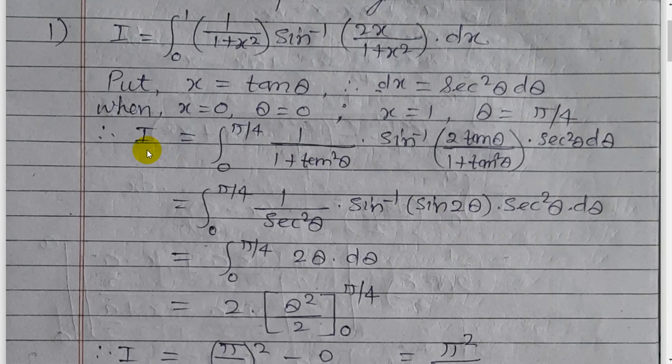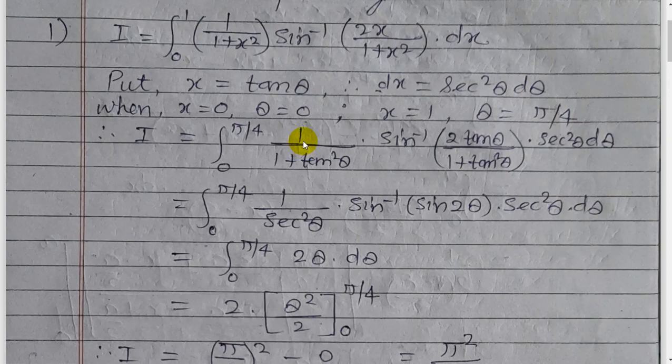Now the integral becomes, in the new form, 0 to pi by 4, 1 upon 1 plus tan square theta, because x is tan theta. So 1 plus x square becomes 1 plus tan square theta, into sine inverse as it is, 2x upon 1 plus x square is 2 tan theta upon 1 plus tan square theta, and the value of dx is sec square theta d theta.